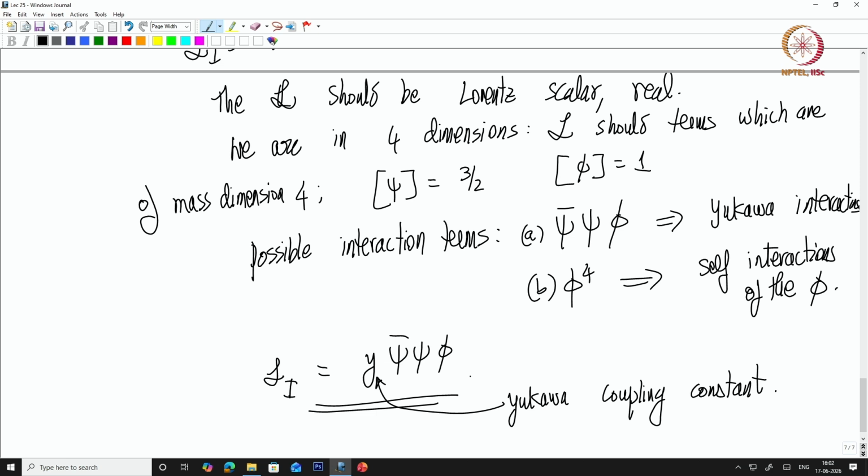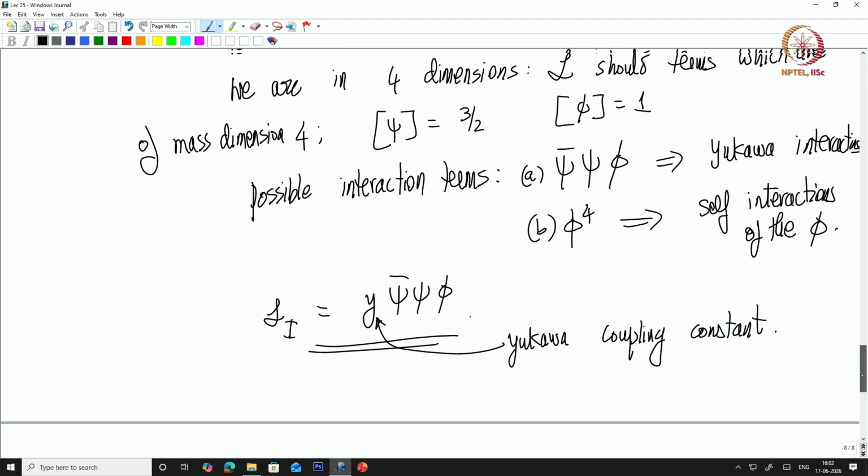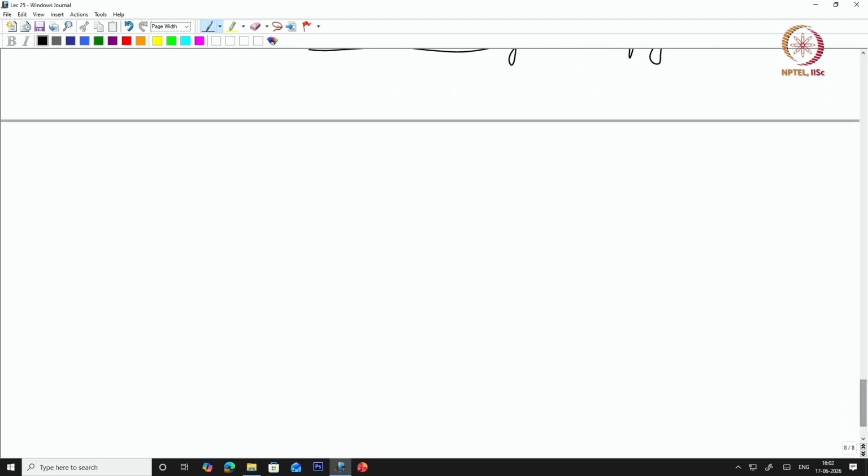Okay, with this now let's look at the psi-psi coupled interaction. So let's consider scattering. Let's look at the initial and final states.